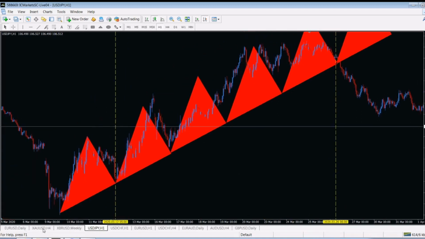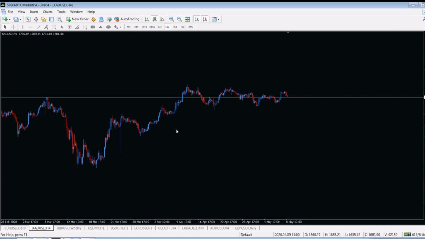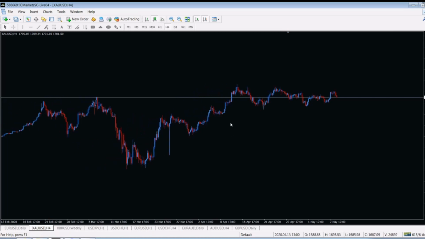But let's go back to our gold at the moment. Let's make a triangle somewhere and try to forecast what the market will do in the future. We can draw the triangle, for example, like this one. Top here, bottom here or here, whichever first.